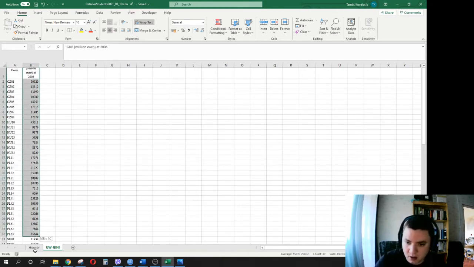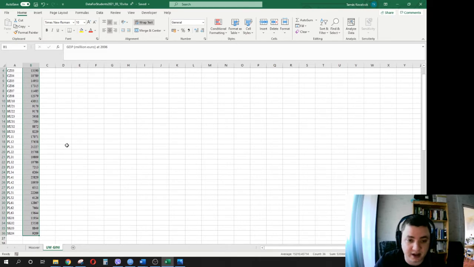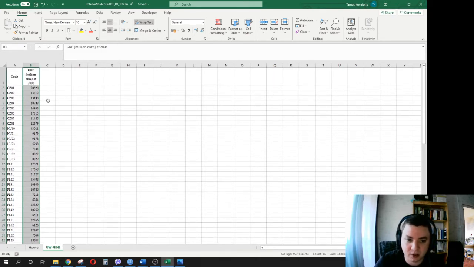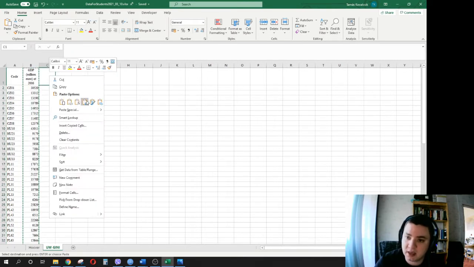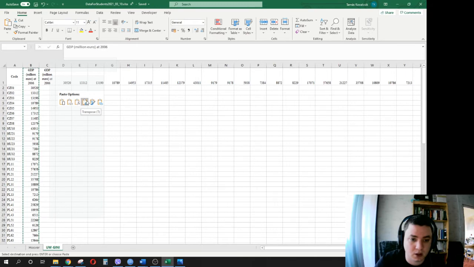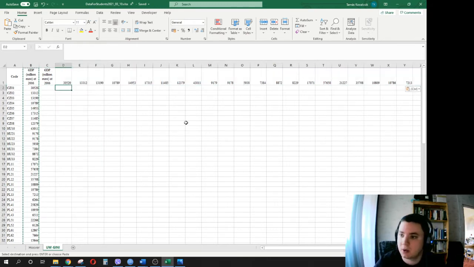Okay, select all of the GDP variables, press Ctrl C also, and make a transpose paste, because we have a matrix with 2 borders, and in the cells of this matrix we can calculate the differences between all of these values. How?